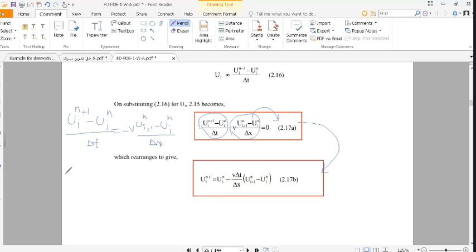And then multiply both sides by delta t.